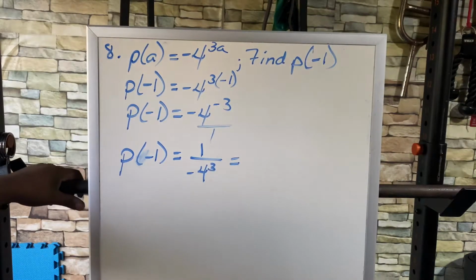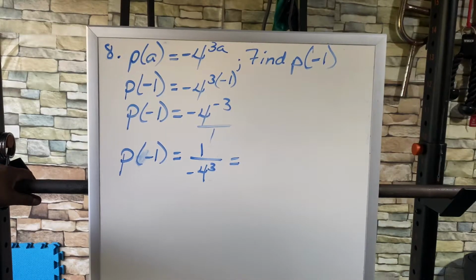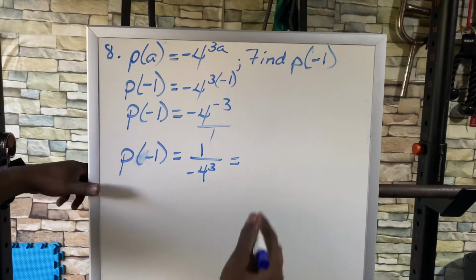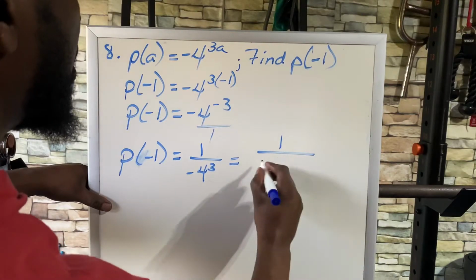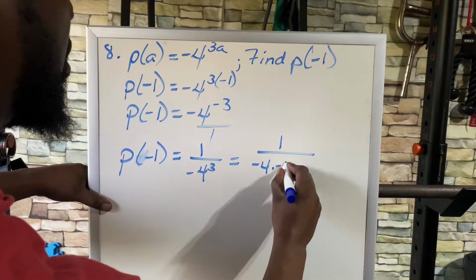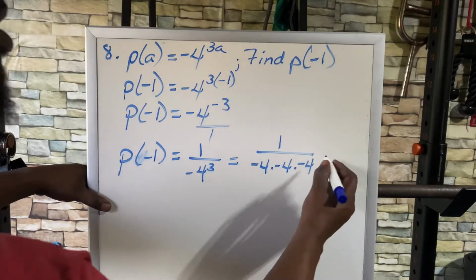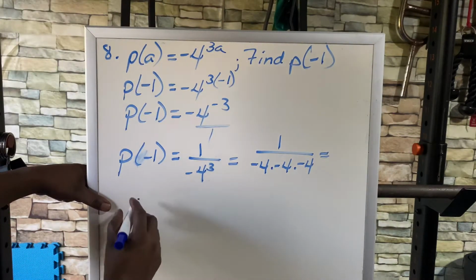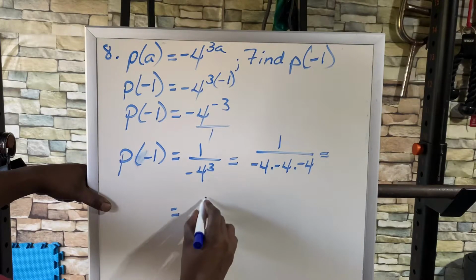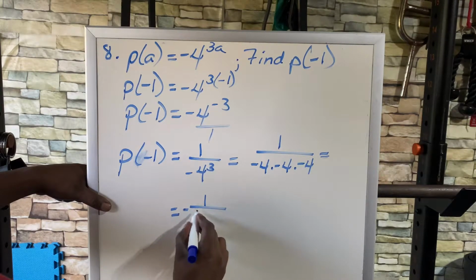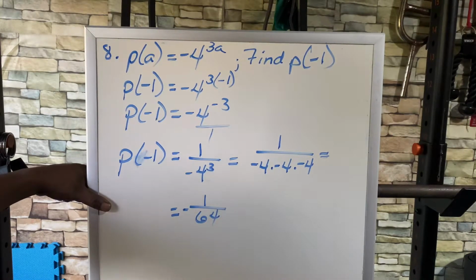Negative 4 to the third means negative 4 times negative 4 times negative 4, which gives us negative 1 over 64.